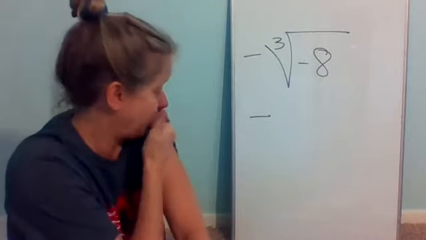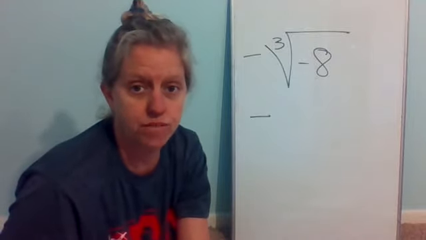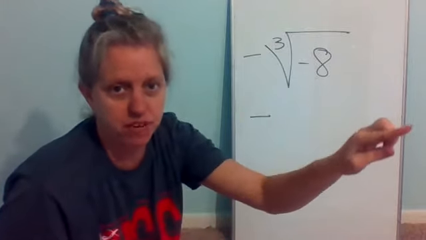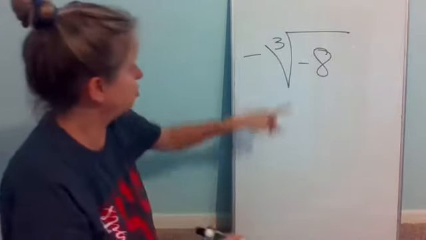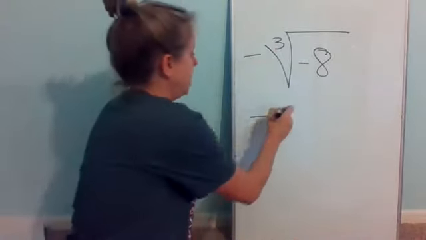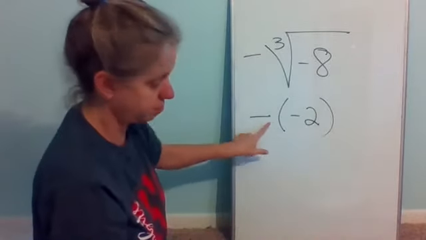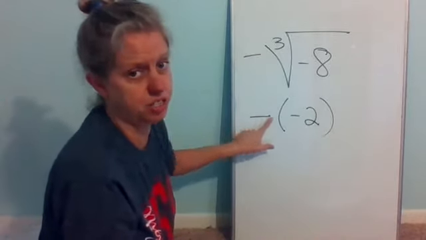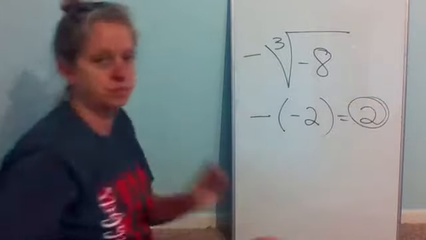Let's try negative 2. What's negative 2 times negative 2? Positive 4. What do you get when you multiply positive 4 times negative 2 again, though? Negative 8. So the cube root of negative 8 turns into negative 2. But what does this negative on the outside do to that? What's a negative of a negative? Positive 2.